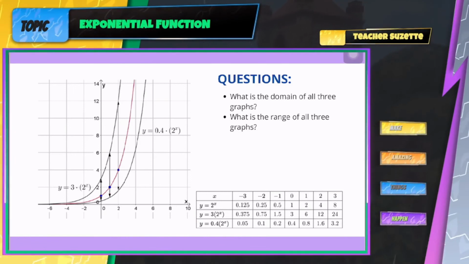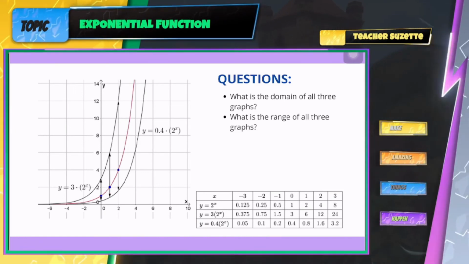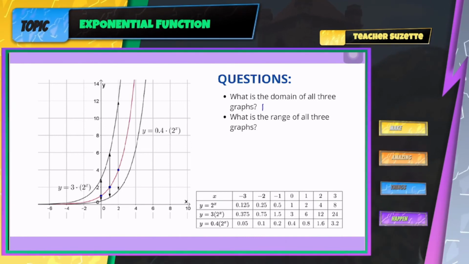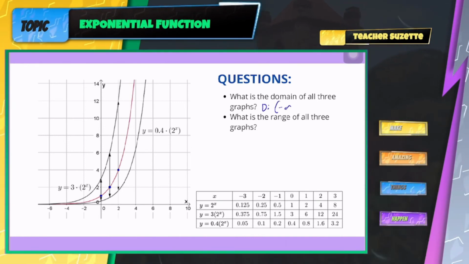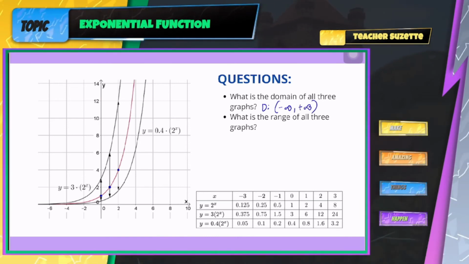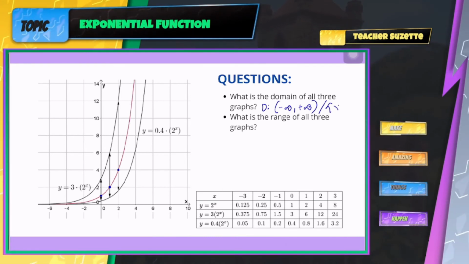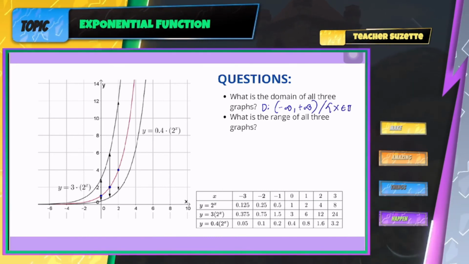Next, let's identify the domain of all the graphs and the range of the graphs. So, for the domain, dahil nga po wala tayong vertical asymptote, we can say that our domain is from negative infinity to positive infinity, or our domain is the set of real numbers.